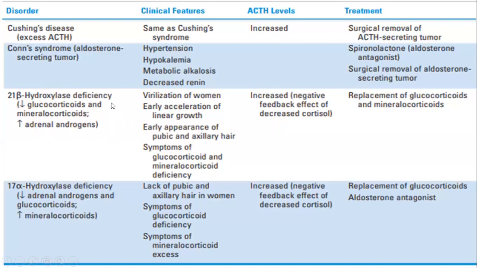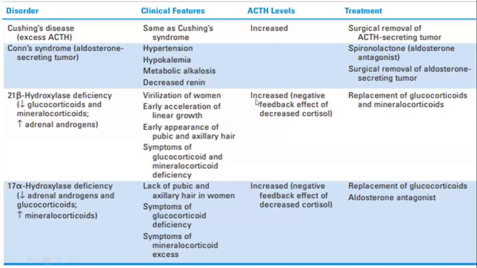Because remember, you have decreased cortisol production, and the decreased cortisol level would give a feedback mechanism to your anterior pituitary gland, telling it to release more ACTH for it to produce more glucocorticoids. Okay, so a decrease in glucocorticoid, a decrease in mineralocorticoid, and decreased adrenal androgens would eventually result in hyperplasia of the zona fasciculata and zona reticularis because of the high levels of your ACTH.